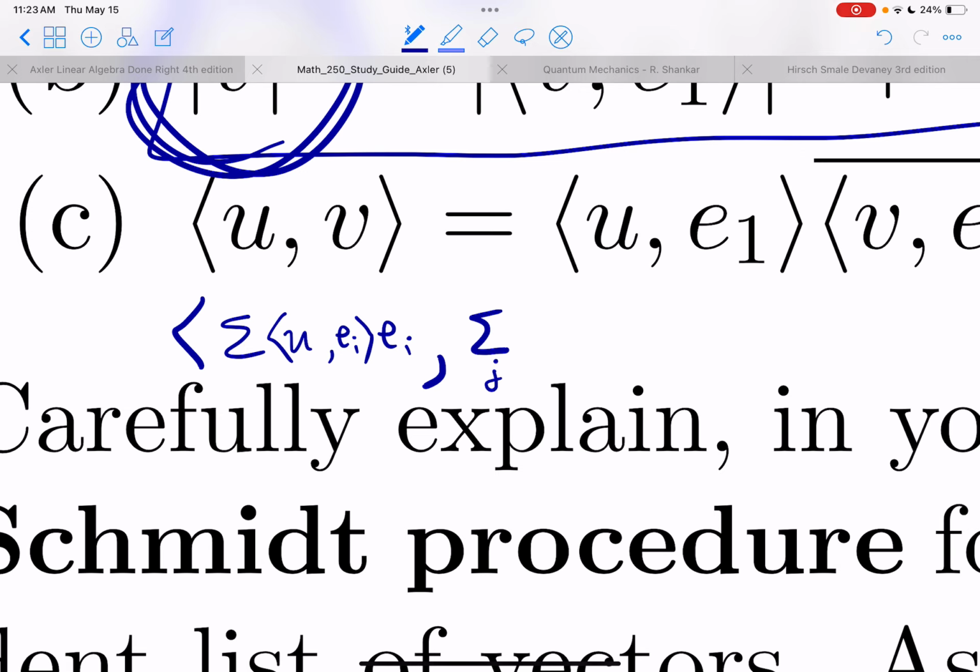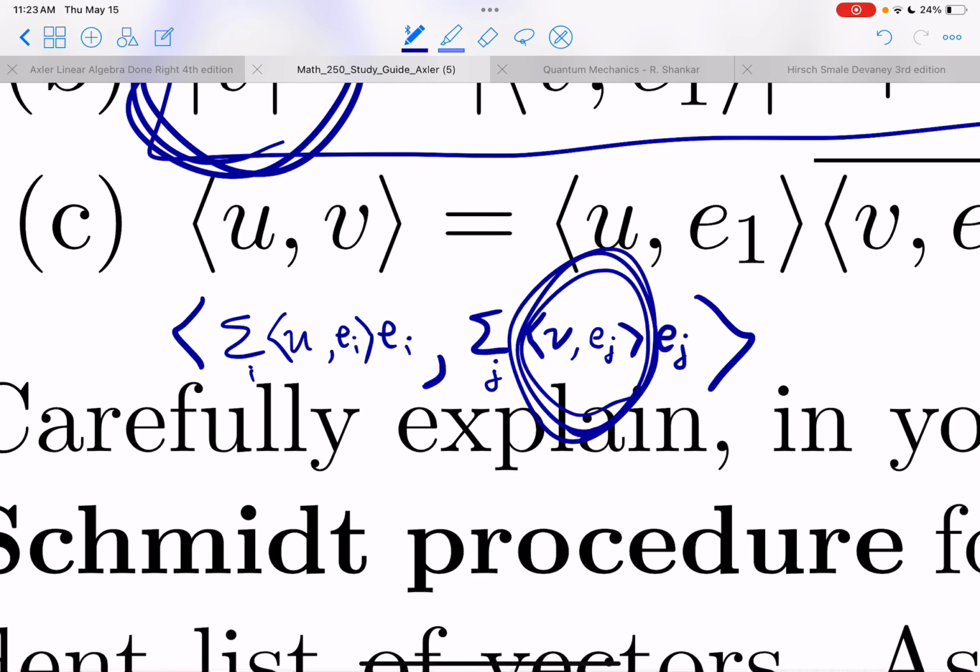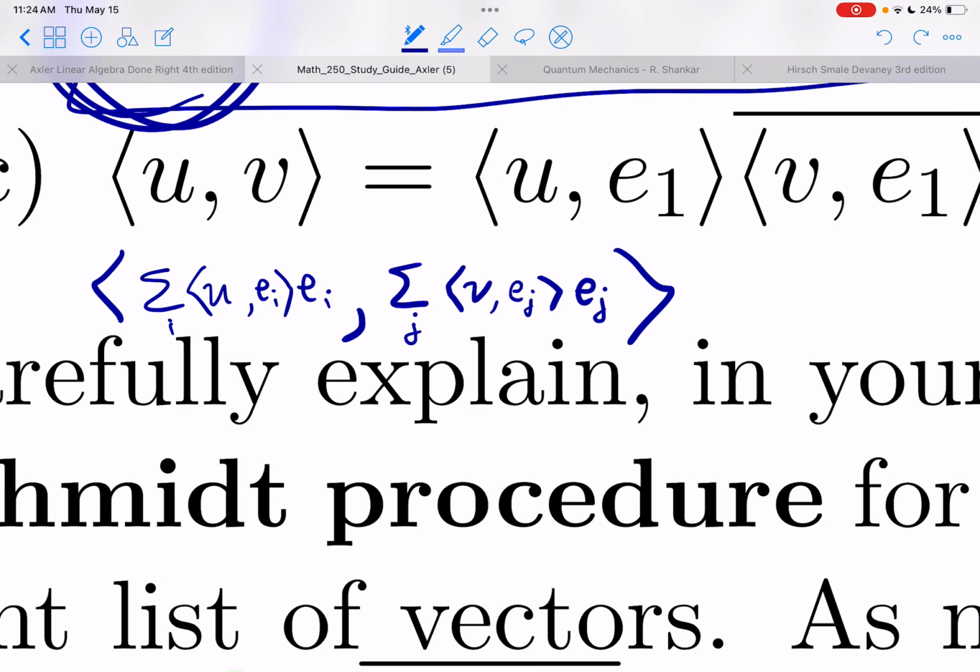Let's say sum over j, sum over i. Now we're going to take V and compute its jth coefficient and put that in front of Ej. And that's how we don't even have to solve a linear system of equations to find these coefficients anymore. All those problems from chapter 3 are much easier now if we have an orthonormal basis and an inner product.